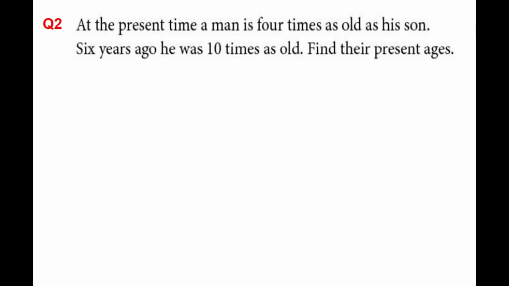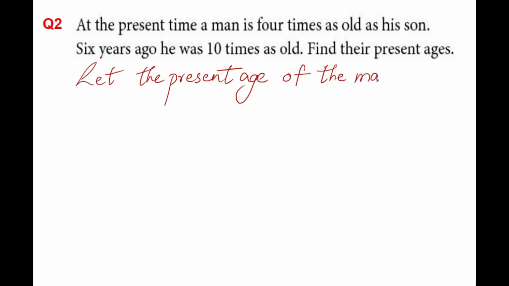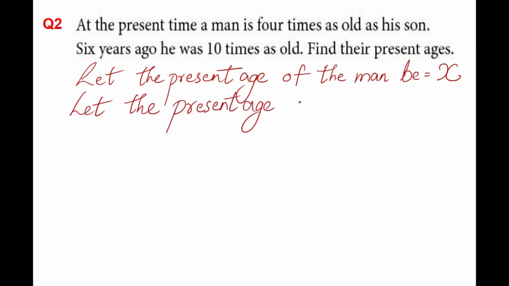So moving on to the next question. At the present time, a man is 4 times as old as his son. 6 years ago, he was 10 times as old. Find the present ages. We give the same start as before. Let the present age of the man be x. Let the present age of the son be y.